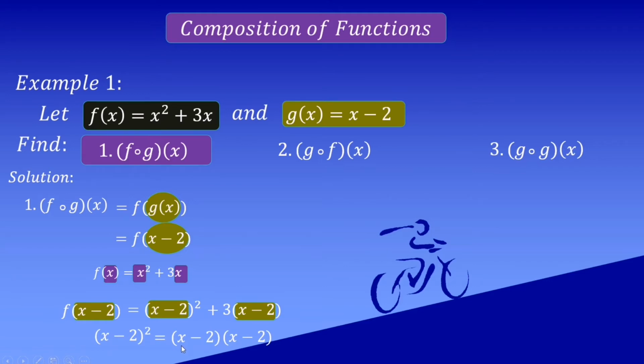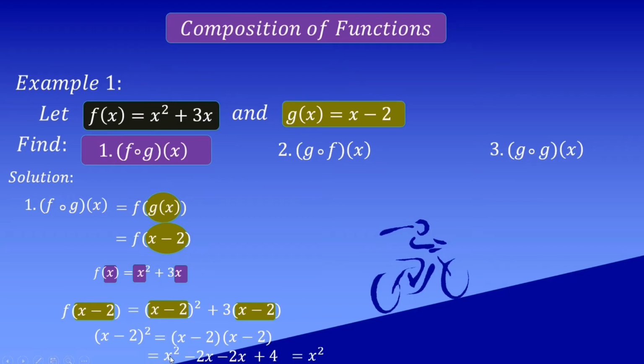So we have here the pattern. x times x is x squared. Then x times negative 2 is negative 2x. Then negative 2 times x is negative 2x. Then negative 2 times negative 2 is positive 4.